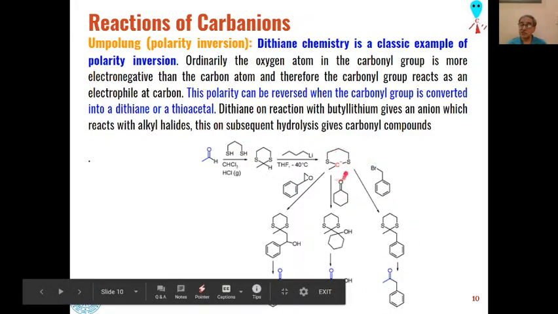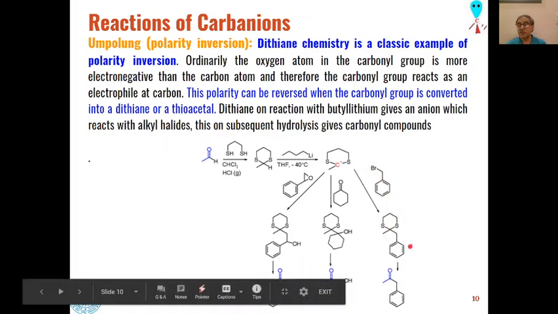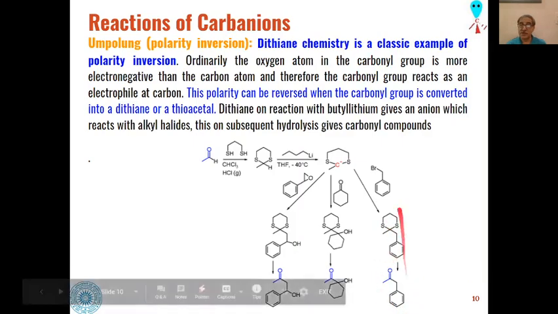So this carbanion will act as a nucleophile, and this will attack, say, this carbon, this bromide will be eliminated, and this type of intermediate will be formed, and then when this is hydrolyzed, this will be converted into a carbon oxygen double bond, and we will get these types of product.